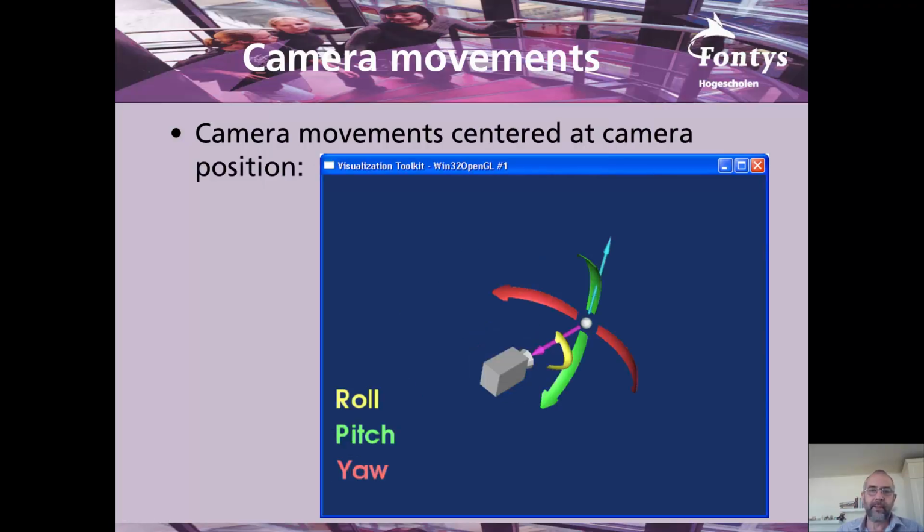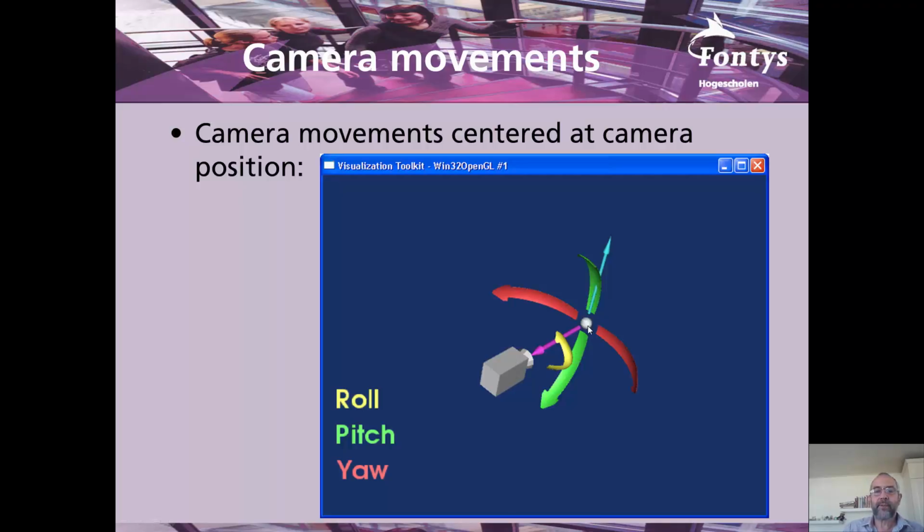Or you can also do a roll, pitch and yaw. That means that the camera stays on the same position, but it rotates. So like the green pitch here, it means the camera will stay here. It will not move around the object like before. It will stay in the same position, but it will start looking upward and downward.